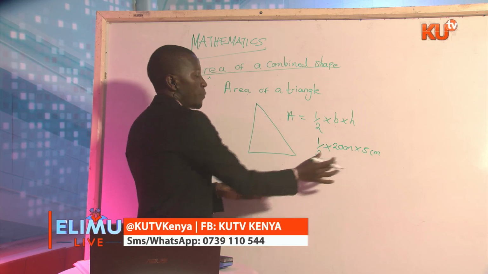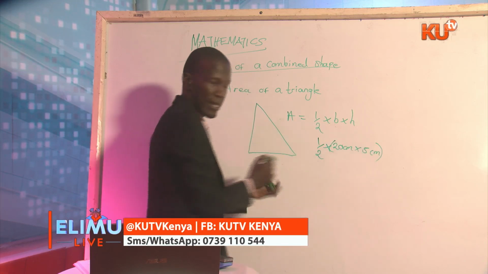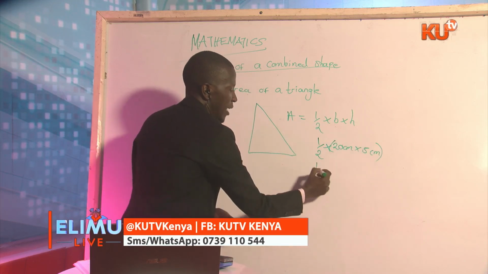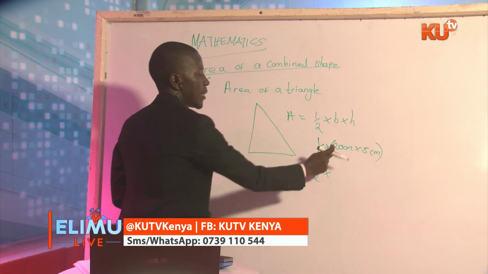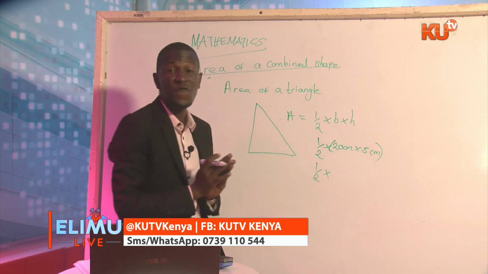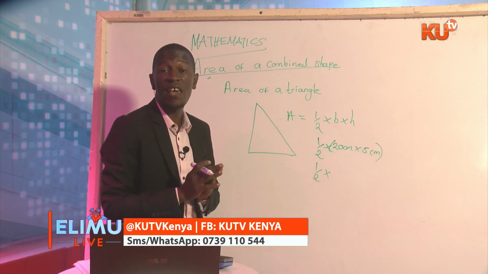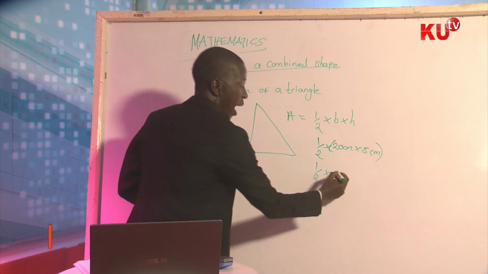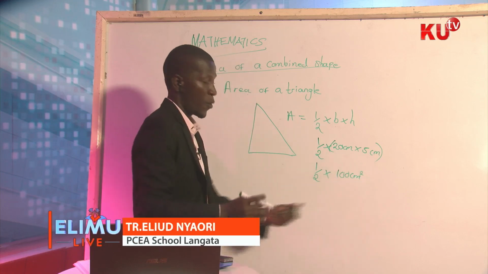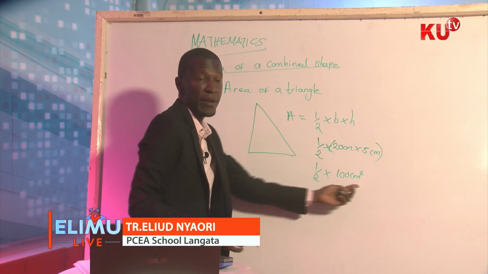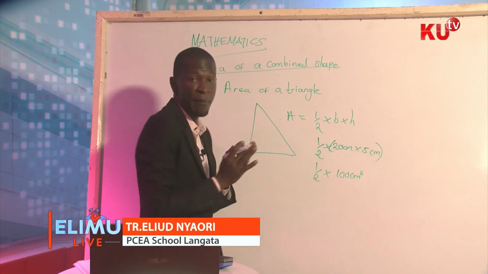So you can put this one into bracket, then you multiply, you say a half times, work out what is in the bracket, that is 20 times 5. 20 times 5 gives us 100 centimeters square. Why have I put centimeters squared? Because I've multiplied this number.